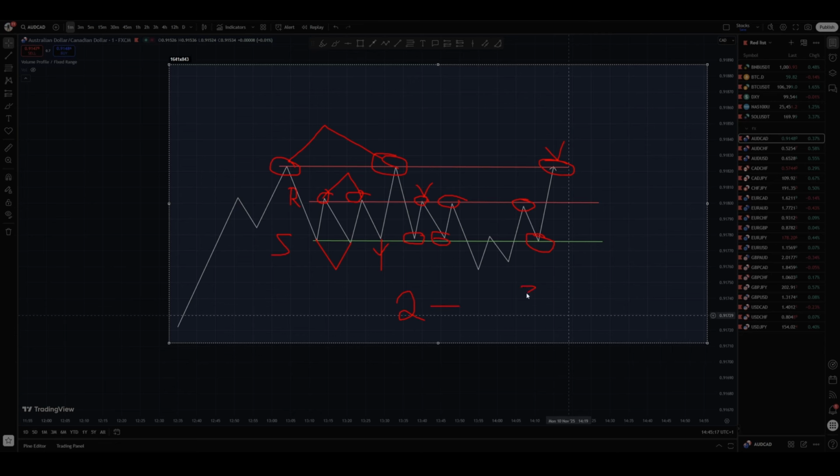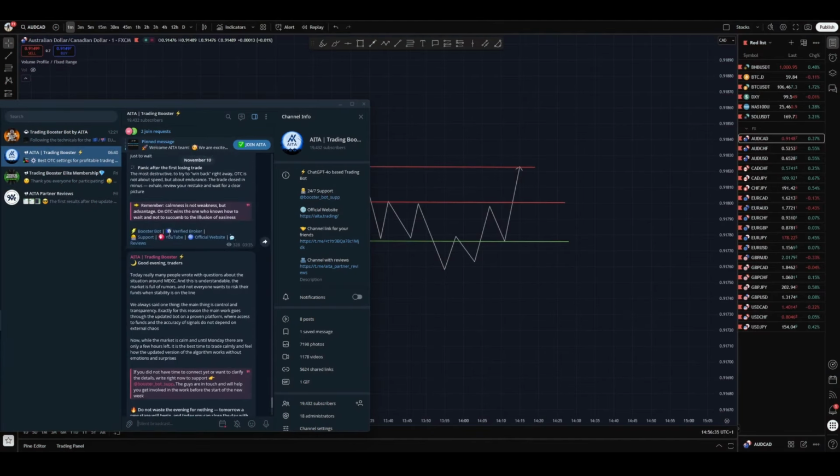Once again, 2 touches make a level, and the third touch is the confirmation that we can trade on the bounce from this level. Below, we have the support zone, which supports the price so it doesn't fall lower. And above, we have resistance, meaning market players don't let the price go higher. So, that's our resistance. Now that we've covered this, let's move on to practice.